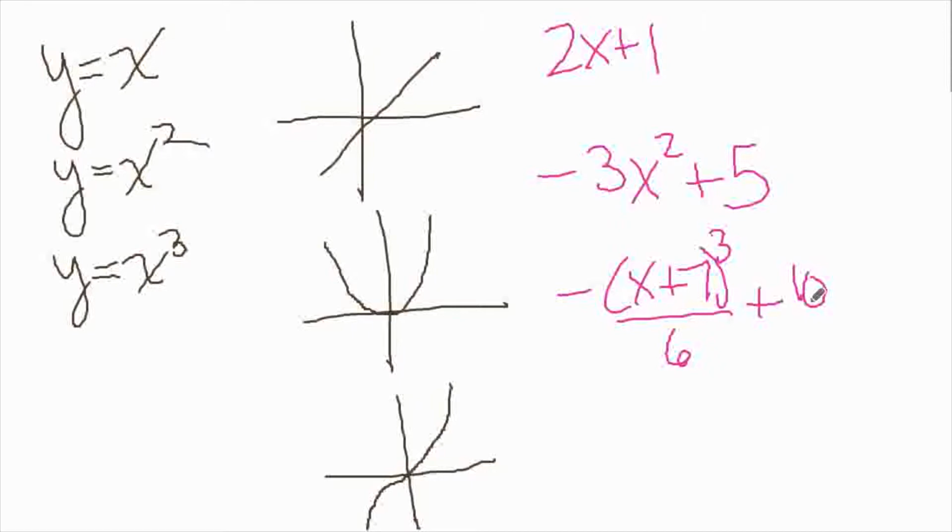Let me close with this last question. What if you had something that was a higher degree? How in the world would you graph that? For example, what if you had an 8th degree polynomial? Suppose you were able to factor it.